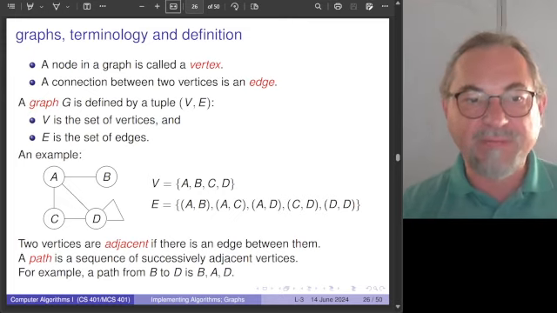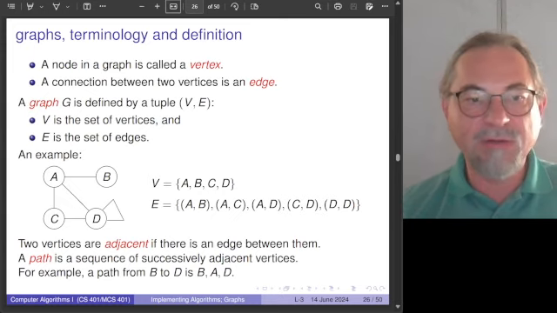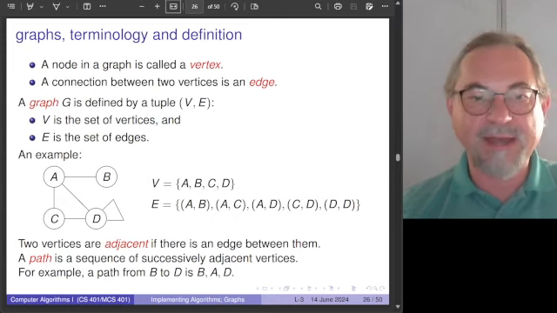So in this graph, we see that there is the path going from B to D, which has to go via A.